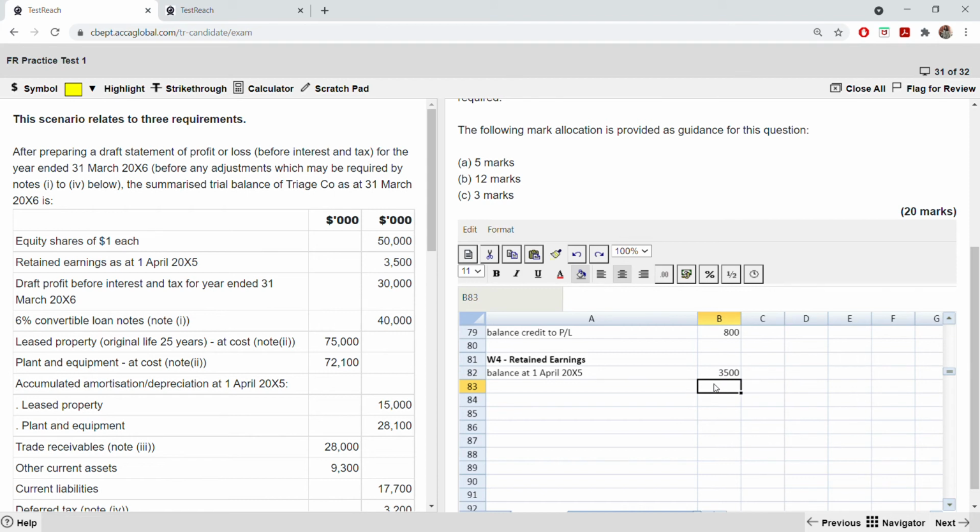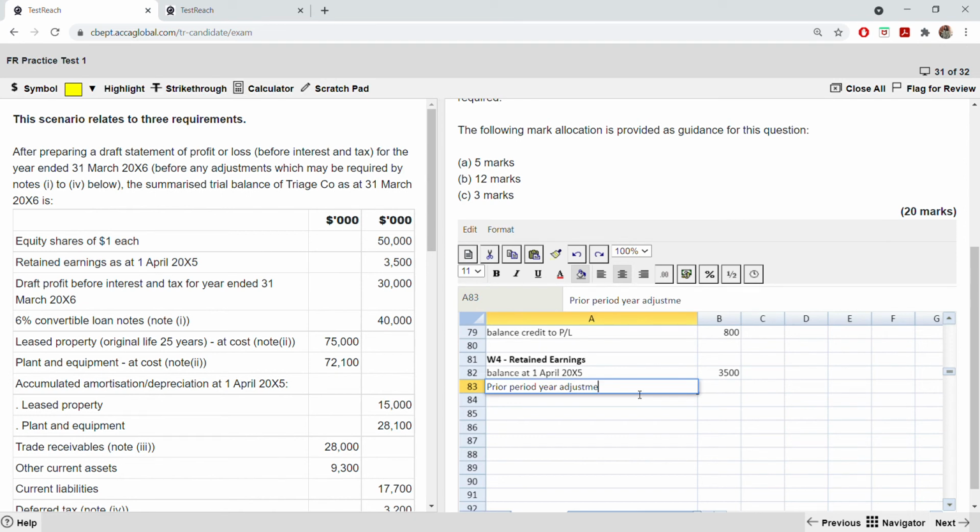Next, prior period adjustment. If there is any prior period adjustment, this now has to be adjusted with retained earnings. Prior period adjustment means it's not this year's adjustment, but you need to adjust it. You just cannot ignore it.